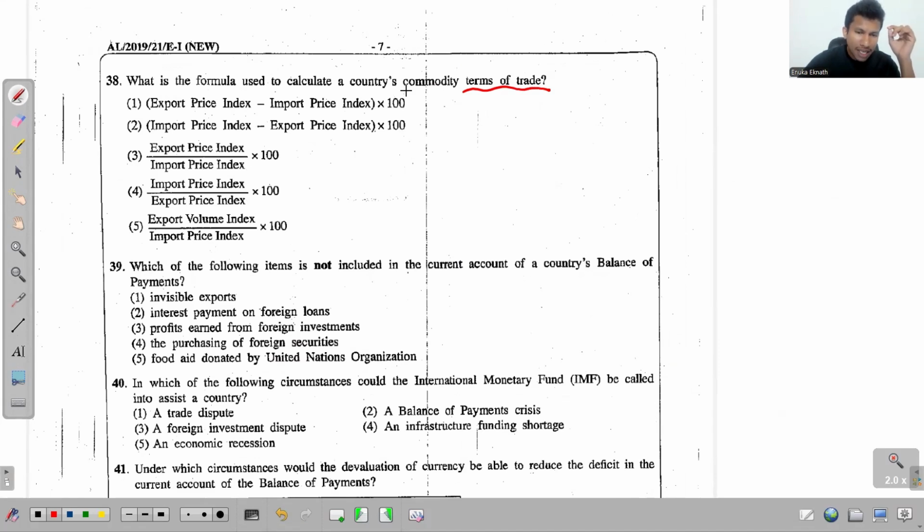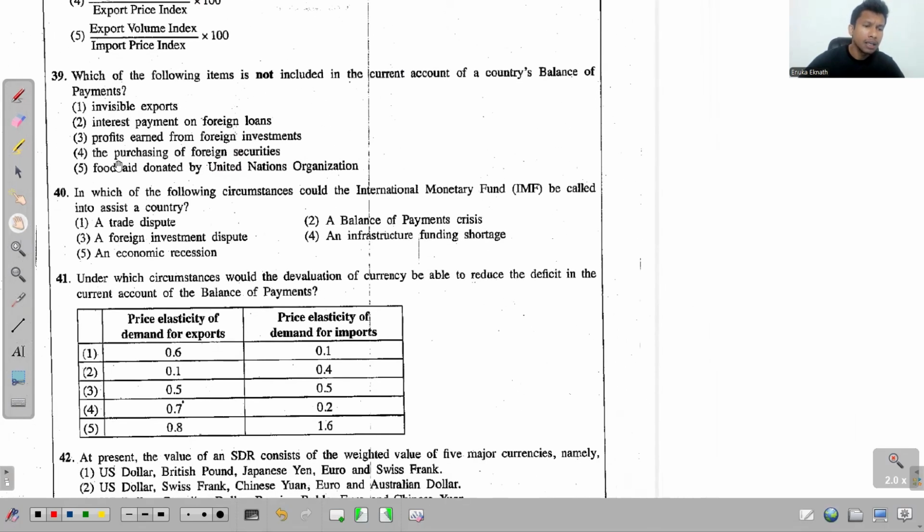But if they specifically ask us for the equation for commodity terms of trade, it has to be the export price index of commodities divided by the import price index of commodities times 100. That has to be the equation. But from the 5 provided answers, we just need to pick the third one because that's the most suitable out of the 5.